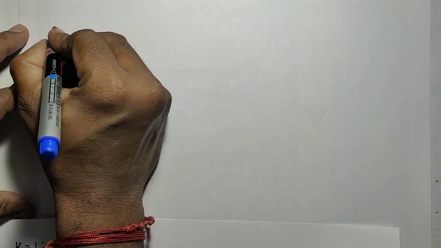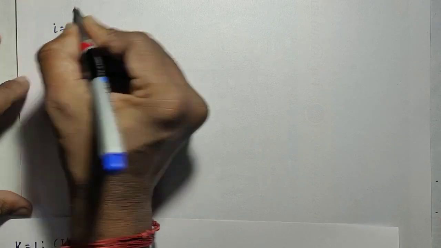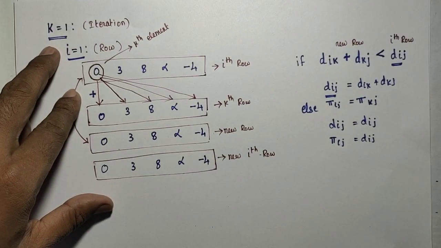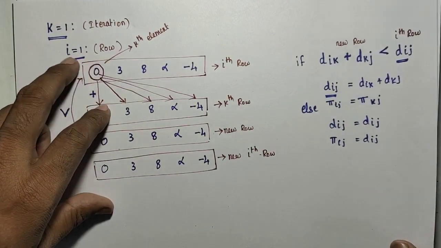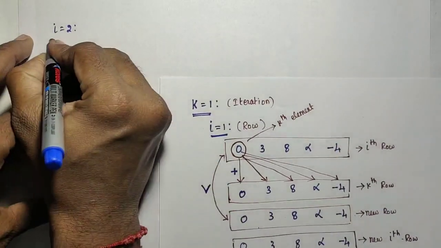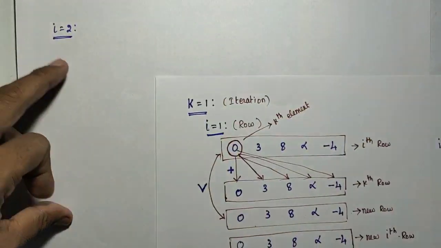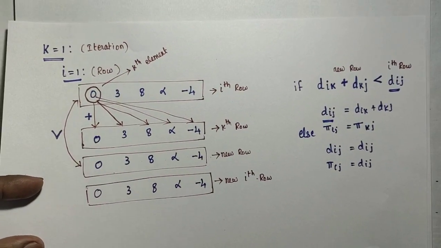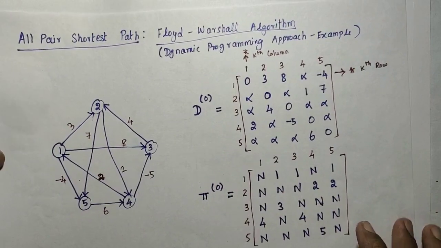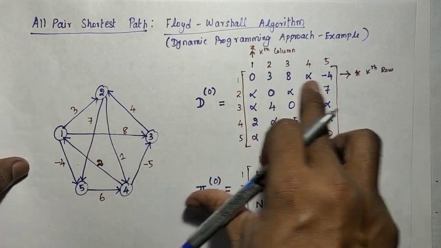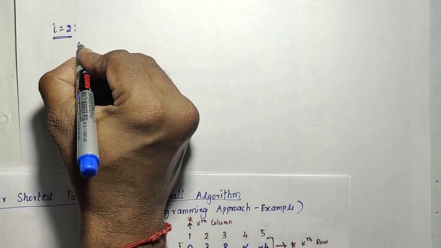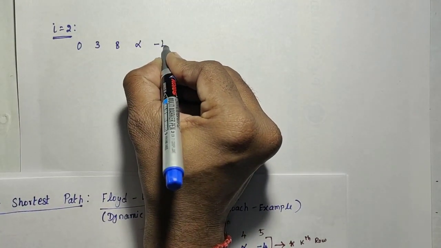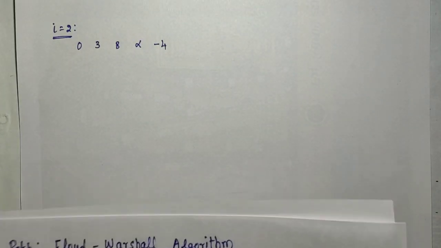Next, i equal to 2. It means we are still in the same iteration, but we are going to update the second row. So I equal to 2. I need to write the ith row now from the D of 0.